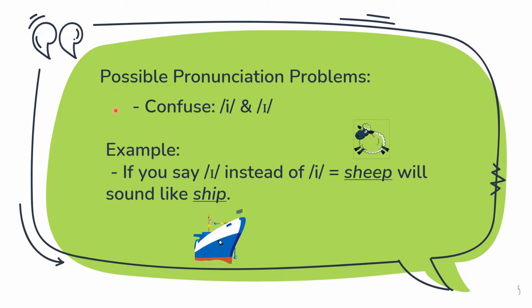So for instance, if you say the short sound instead of the long one, sheep, okay, look at this, this is a sheep, will sound like ship, okay? Both words are written differently and pronounced differently. But depending on the way you produce a phonetic sound, the meaning may be misunderstood.